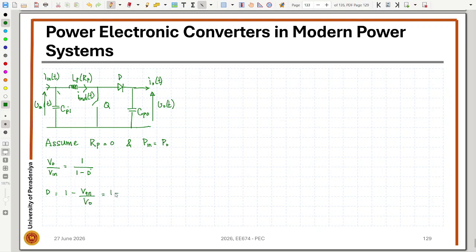So this is going to be equal to, with input voltage 72 and output voltage 150, a duty ratio of 0.52. So next we can consider the inductor voltage and current.